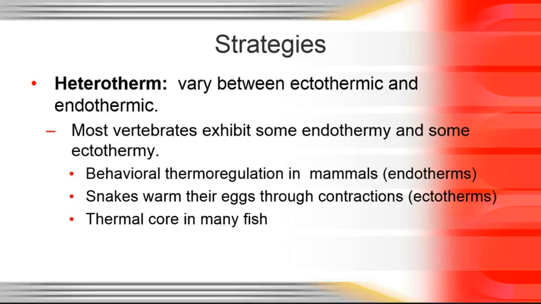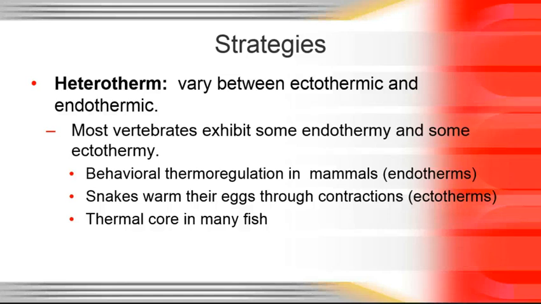Most vertebrates actually have a combination of endothermy and ectothermy. If they are more ectotherms, they're considered ectotherms. If they have more endothermy, they're considered endotherms, but there is going to be a little bit of both. Now, some animals actually are true heterotherms, sharks, for instance, and some other things, but we're not really going to talk about those.